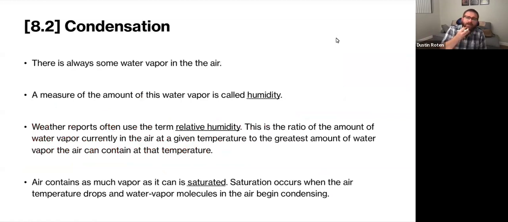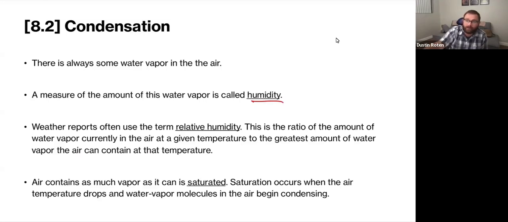If we think about day-to-day life and just stepping outside, there's always some water vapor in the air, and a measure of this amount of water vapor is called humidity. However, if you watch the Weather Channel or you're a weather junkie, you probably haven't heard just humidity used by itself.